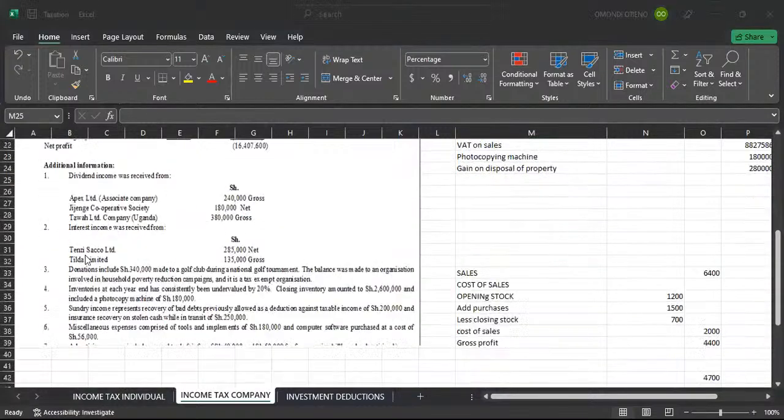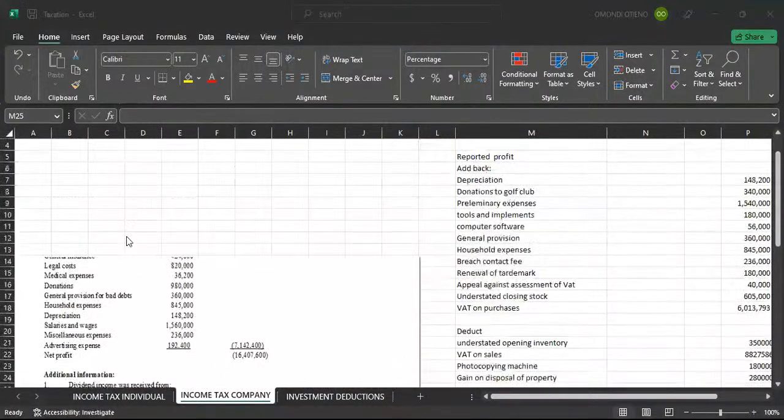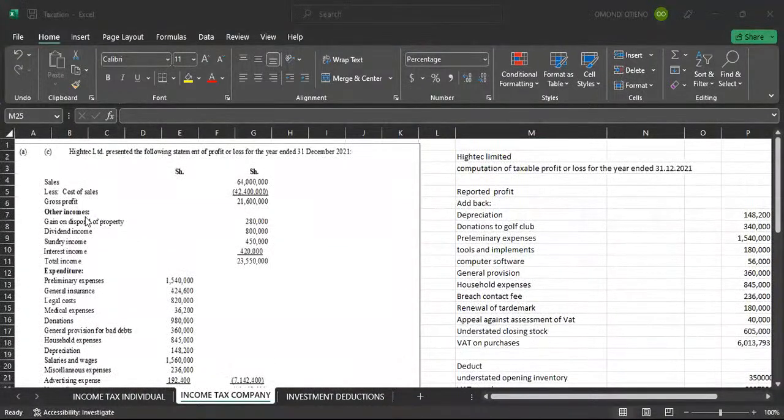So we have dividends income, we have sundry income, that is the normal income. That is the normal income allowed there.